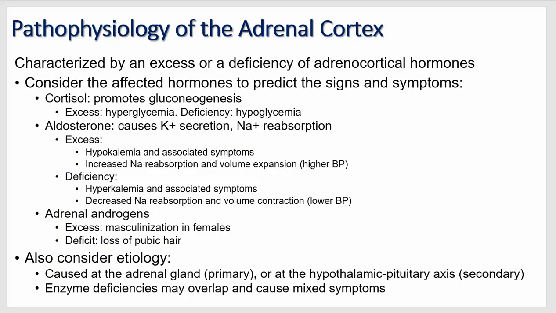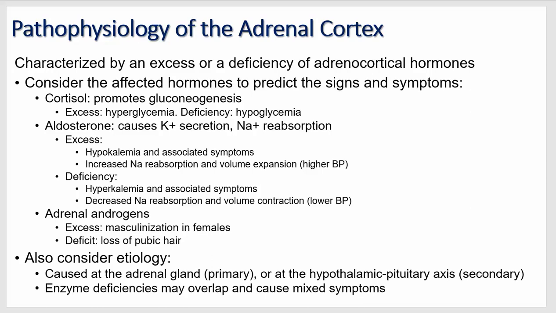All right, so pathophysiology of the adrenal cortex. Just like with thyroid hormones, it's either going to be an excess or a deficiency of adrenocorticotropic hormones or adrenocortical hormones. Too much or not enough. You consider which hormones are affected to predict the signs and symptoms.